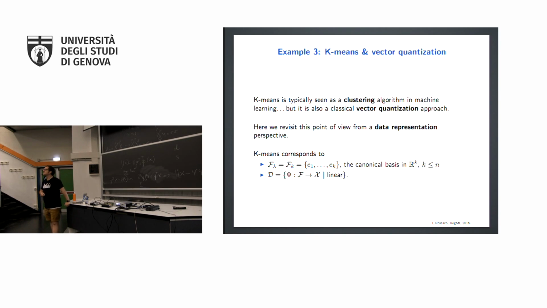What about k-means? k-means is usually seen as a way to do clustering, but it's perhaps even more famous as a way to do vector quantization. What do you mean? You have a bunch of vectors, and you want to replace them with binary vectors with only one entry different from 0.